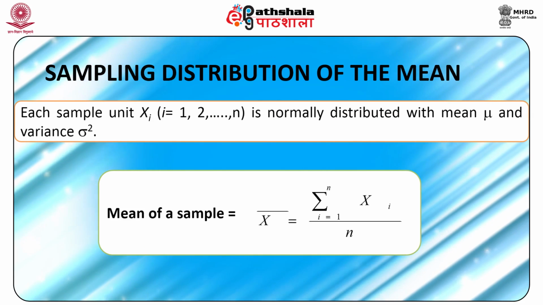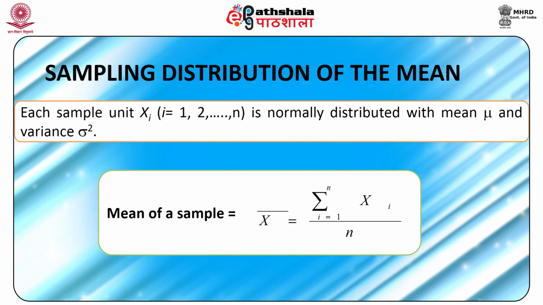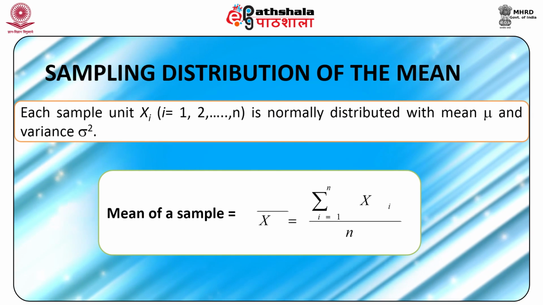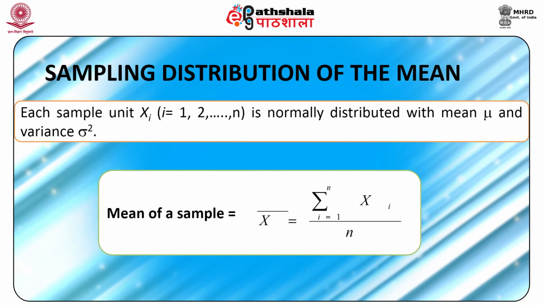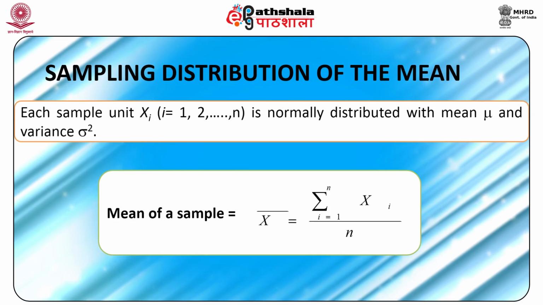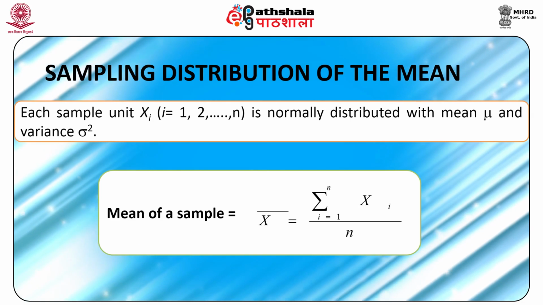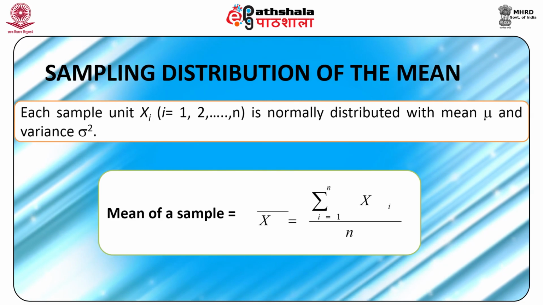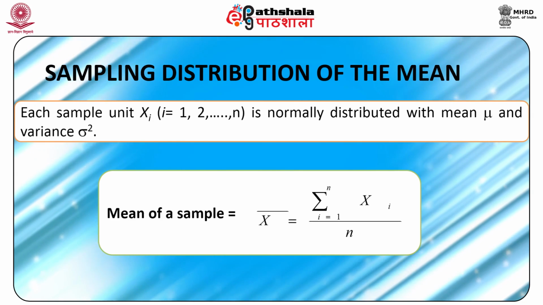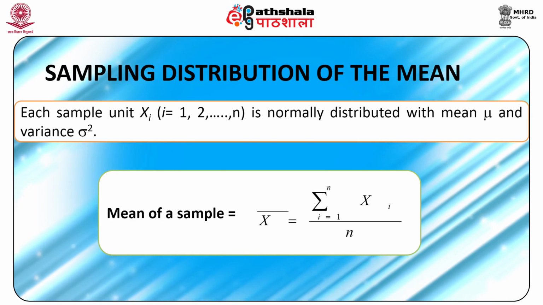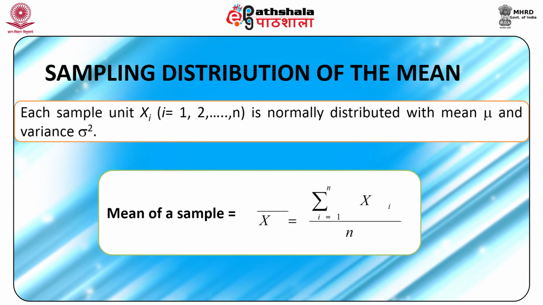Hence we can say that each sample unit, which is Xi, where i takes the value from 1 to n, is normally distributed with mean mu and variance sigma square. Please remember we use small n for sample size and capital N for population size.